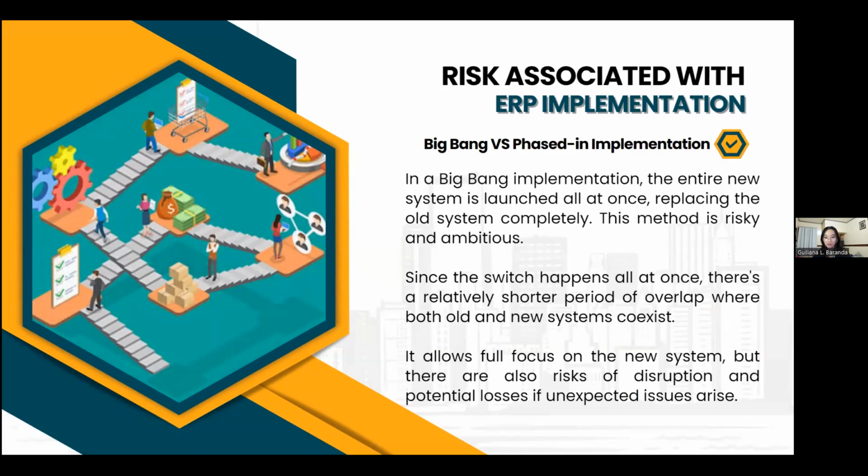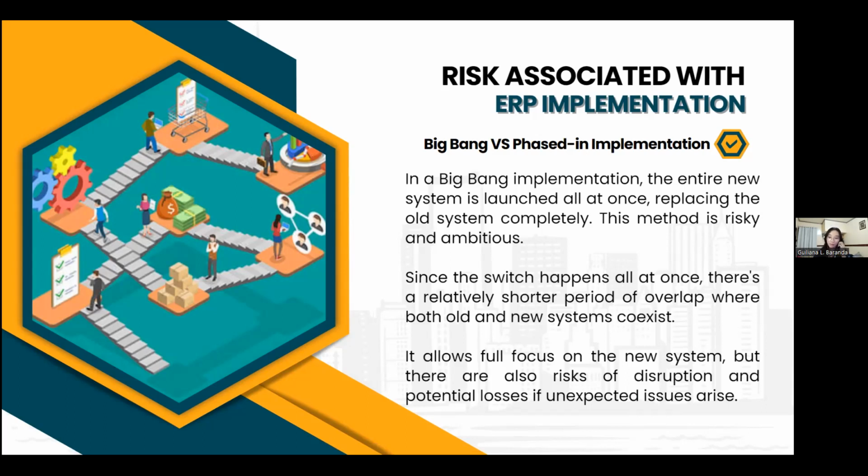Big bang versus phased-in implementation. Implementing a new ERP system can be challenging as it requires a collective effort to align the entire organization with new business processes. In a big bang implementation, the entire new system is launched all at once, replacing the old system completely. So this method is risky and ambitious. Although this method has certain advantages, it has been associated with numerous system failures.